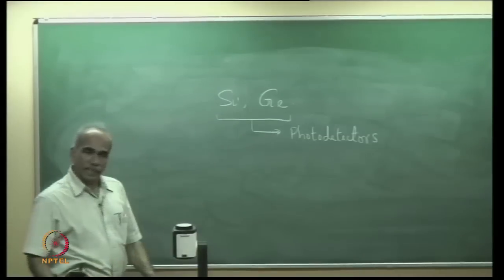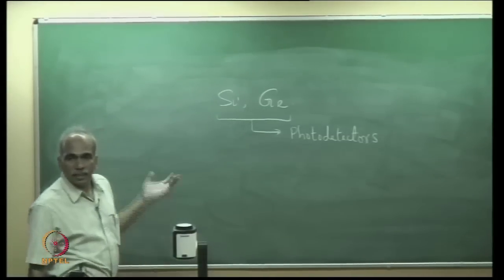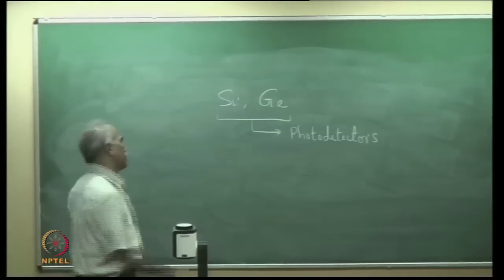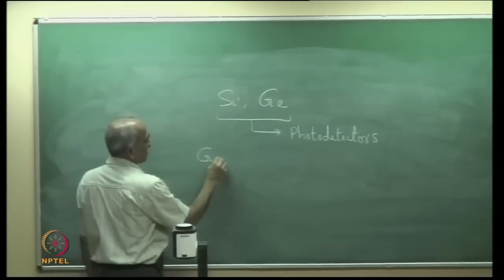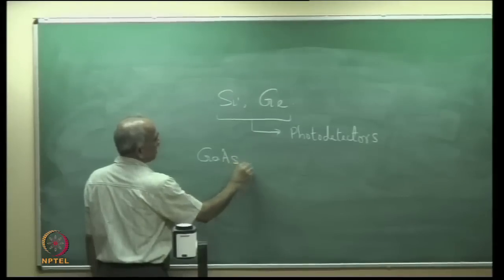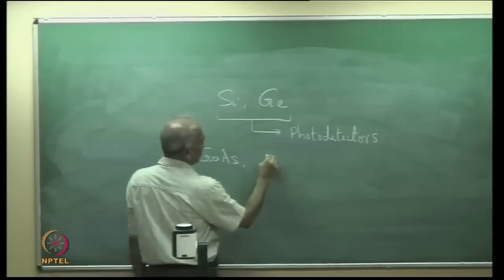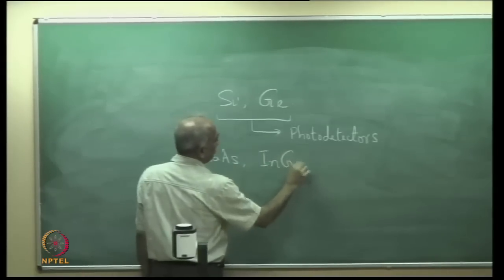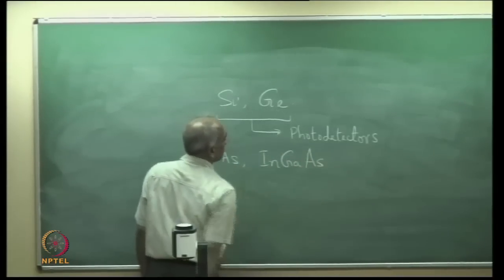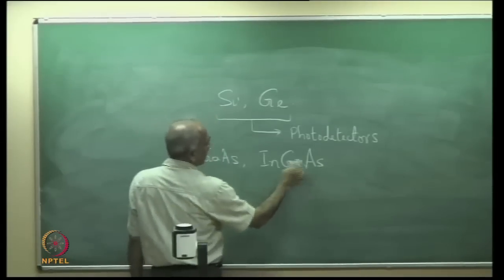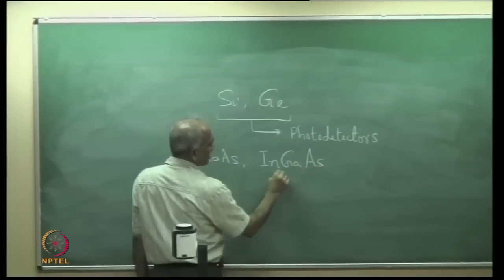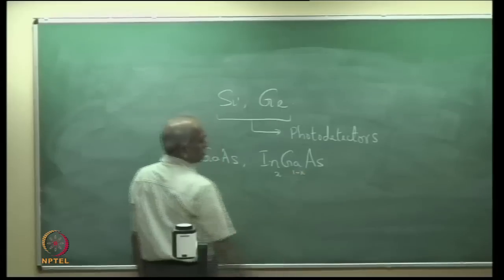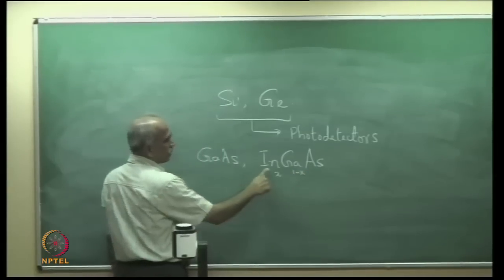But as we will see later, the materials used to realize light emitting diodes and laser diodes are direct band gap semiconductors such as gallium arsenide and ternary compounds such as indium gallium arsenide, which means a fraction of the gallium is replaced by indium, making it a ternary compound.